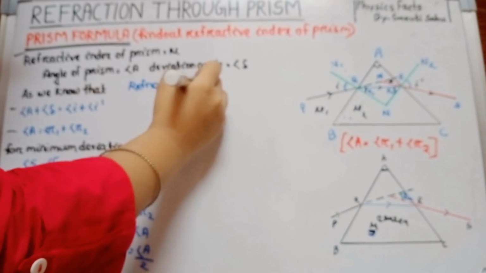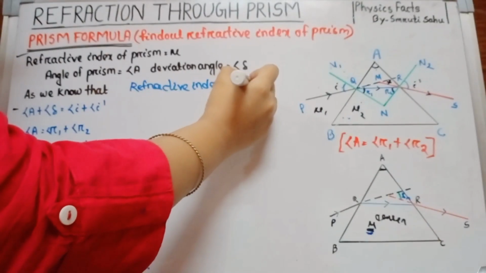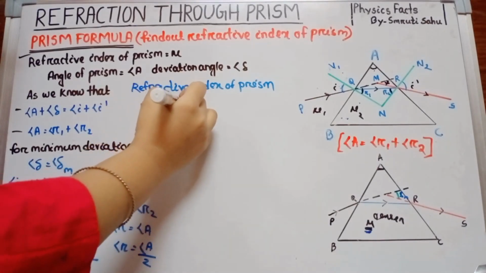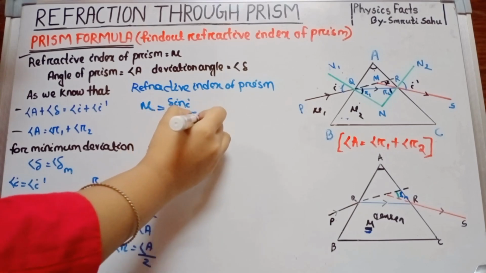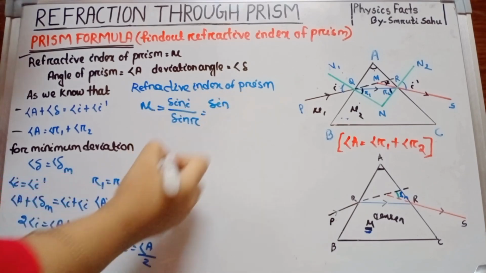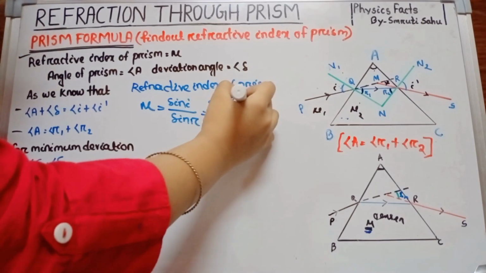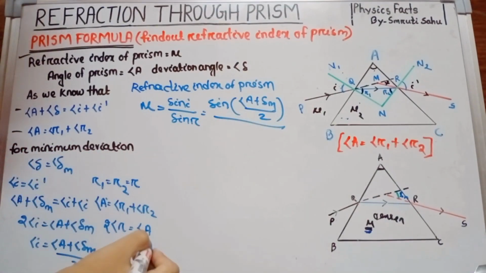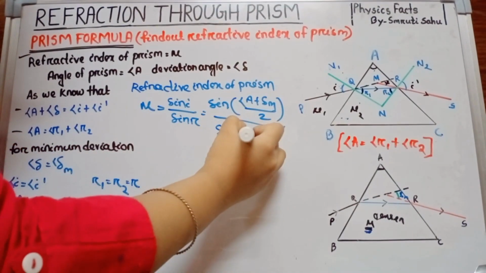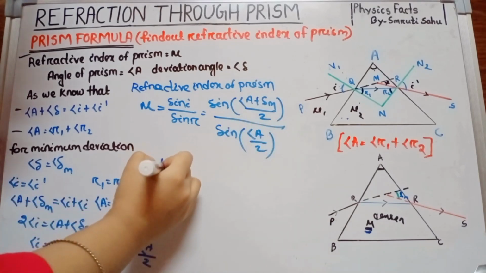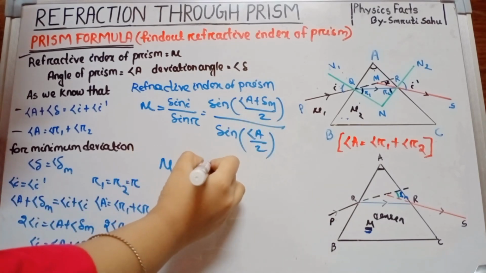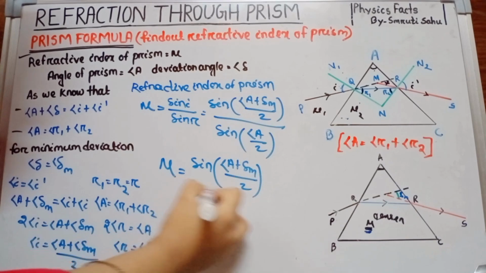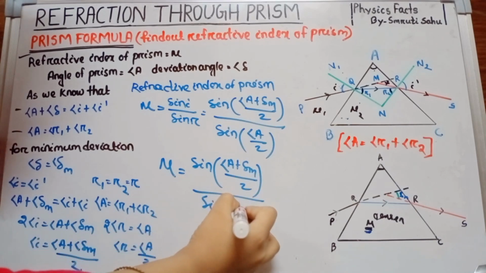The refractive index of the prism is mu, and according to Snell's law, we know that mu equals sin I by sin R. In the values of I and R, we put sin I equals (A plus delta m) by 2, divided by sin R, that is sin (A by 2). That means the refractive index of the prism mu equals sin((A plus delta m) by 2) divided by sin(A by 2).